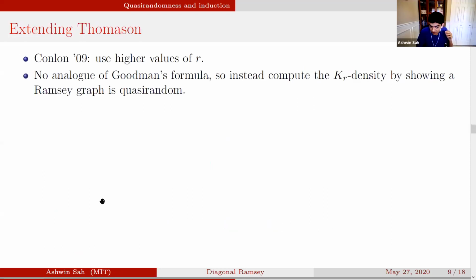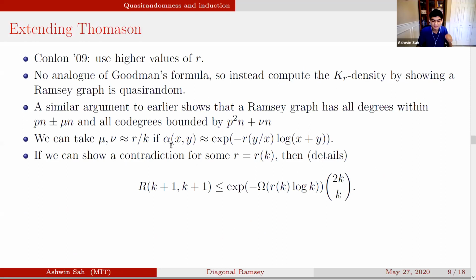And for this value alpha, it turns out that the clique size to count is basically k sub r, 100r or something like that. So it's going to use the same r in both settings.